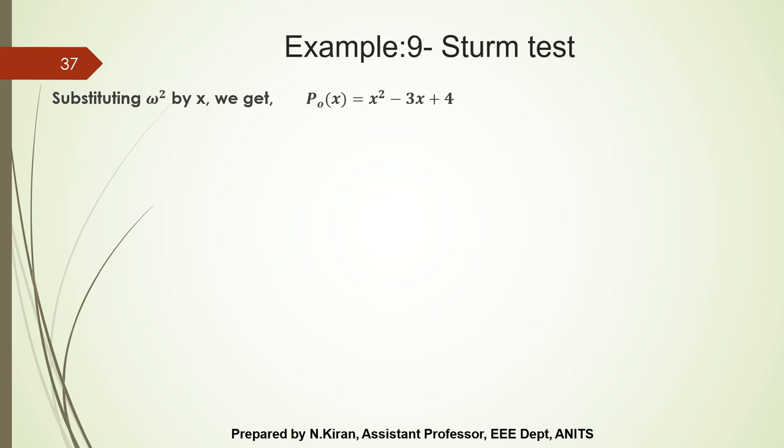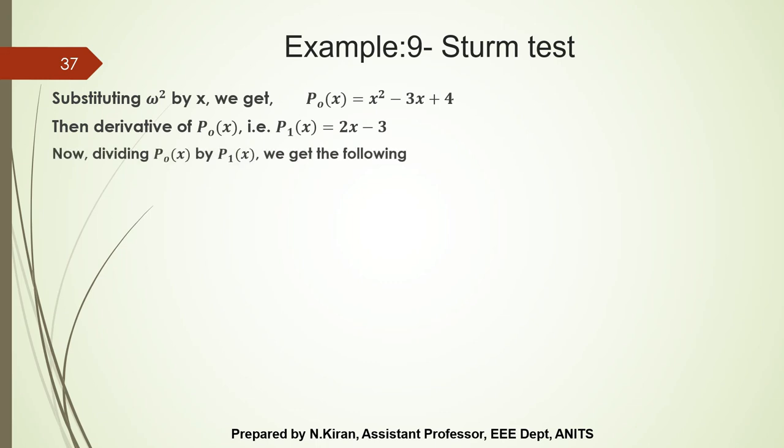So now I'll substitute omega squared by x. The given polynomial becomes P naught of x is x square minus 3x plus 4. Then I'll find its derivative, and that is P1 of x is 2x minus 3.